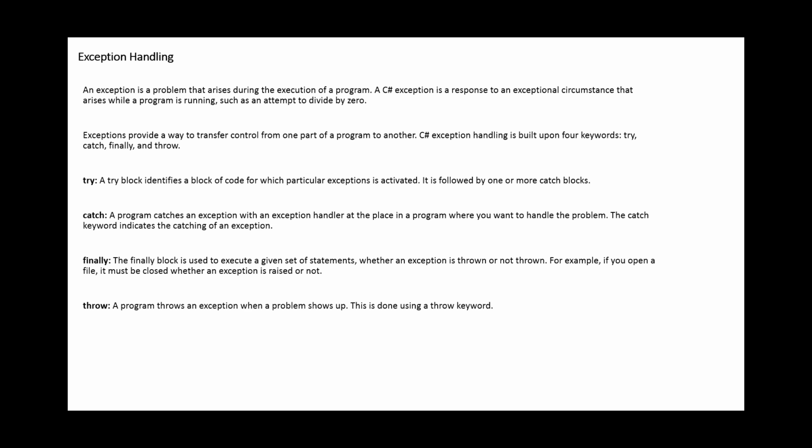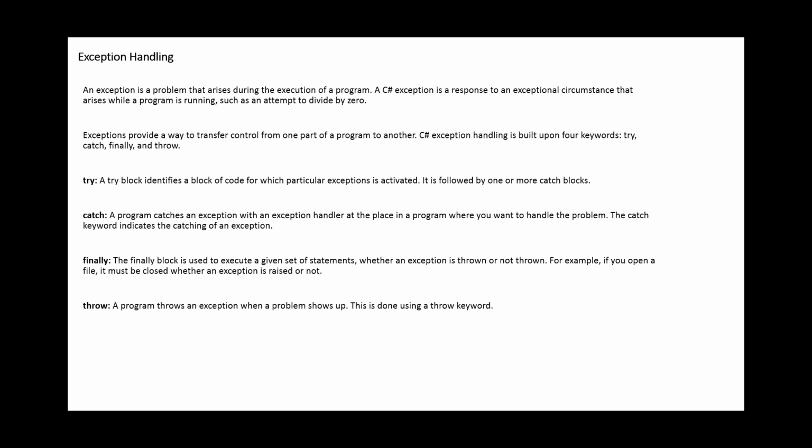If you know there may be a few exceptions like divide by zero exception or out of bound exception, you can write your catch blocks accordingly. So a single try block can have multiple catch blocks.